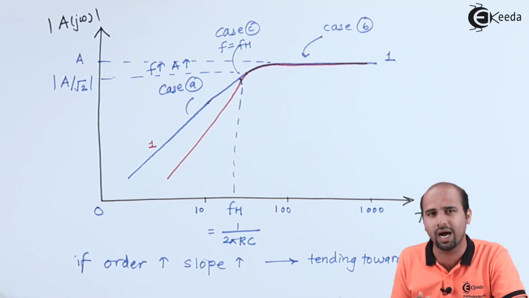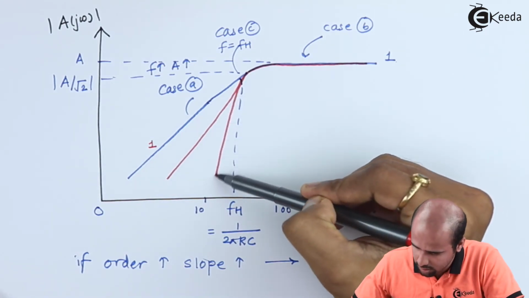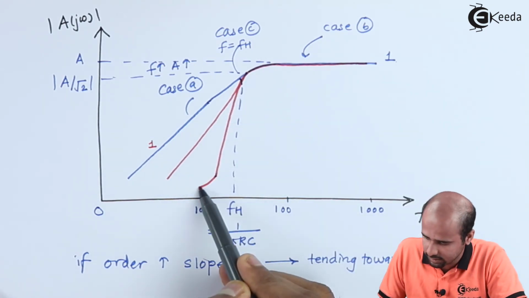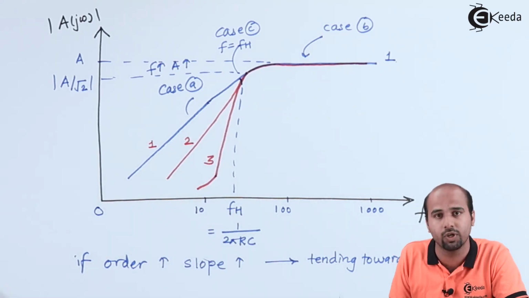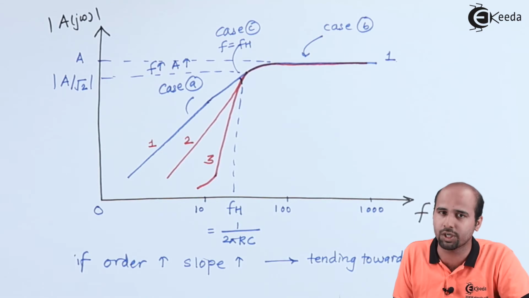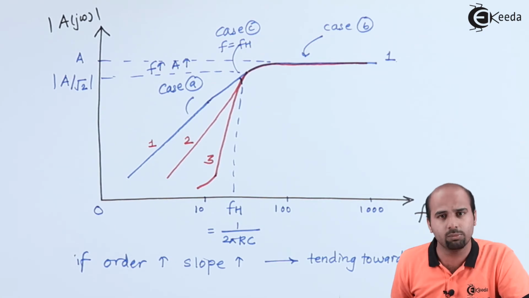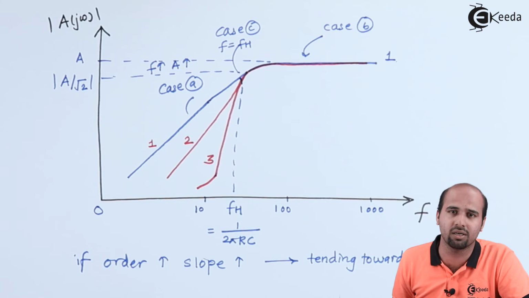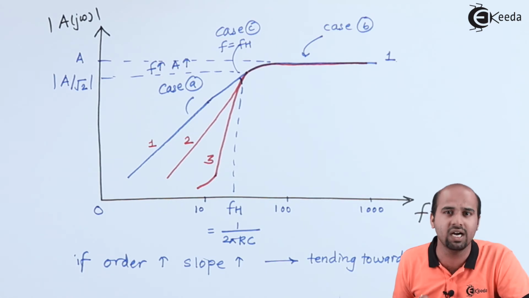If we want it more ideal, then I will again increase the order. So to have a more and more accurate filter, the order of the filter has to be more. But at the same time, the circuit will become complex and there is a matter of stability of the circuit. So here we have understood the passive circuit high pass filter.